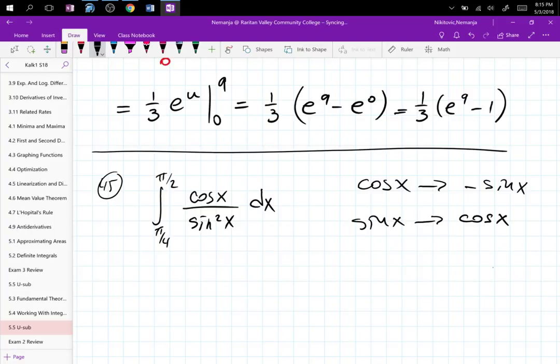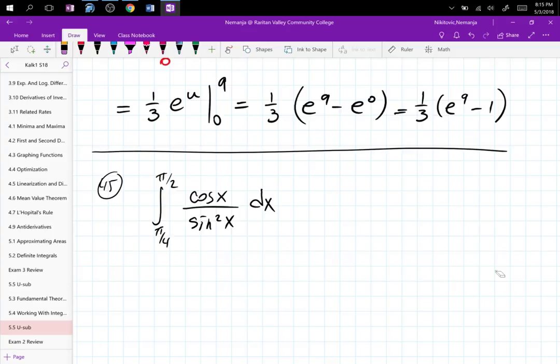So let's just try with a wrong setup and see how badly it goes if you have a wrong choice associated with the problem. So we are going to start with u equals cosine x. And if I have u equals cosine x, then du is negative sine x dx.